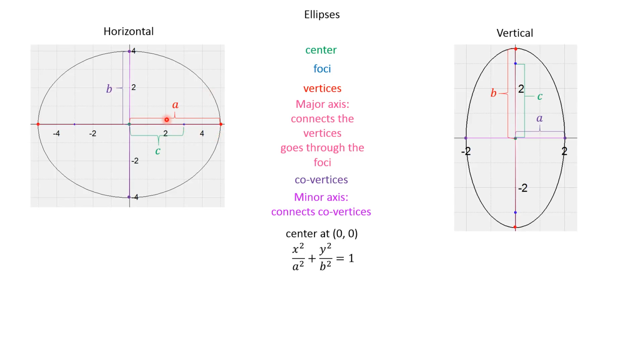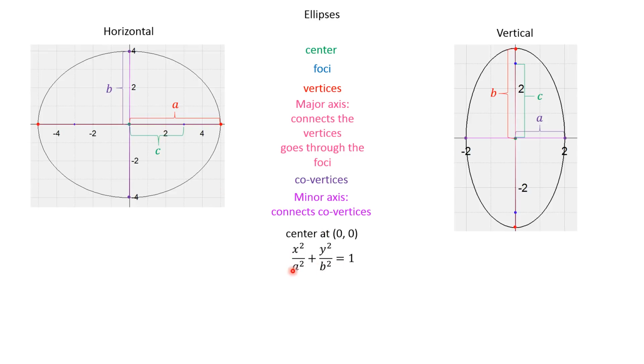In a circle, the horizontal and vertical radii are the same. We call it just radius, r squared. So we'd have x squared over r squared plus y squared over r squared equals 1. We multiply by r squared, and so we just have x squared plus y squared equals r squared. And that was our circle equation.